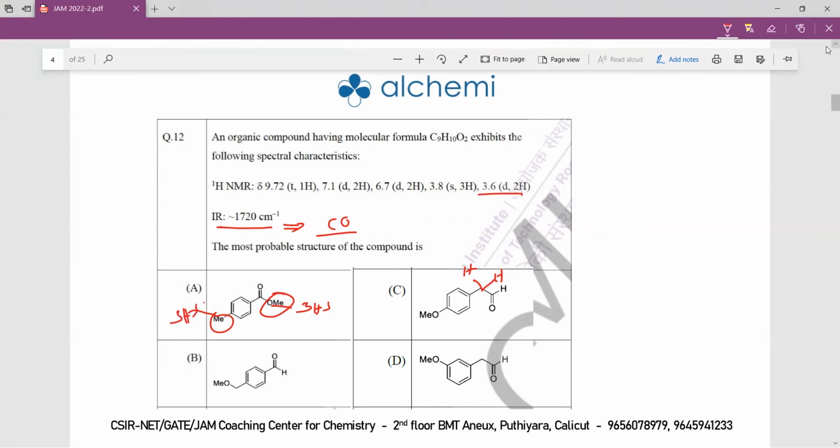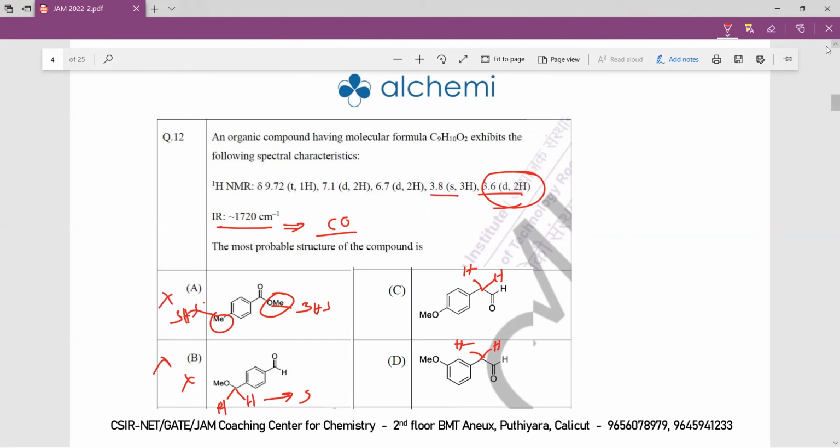So these options can't give you a 2 hydrogen doublet. Here we have 2 hydrogens, but they will give you a singlet. So for the 3.6 peak, you can eliminate option A and option B. In options C and D, you can see protons which can give a 2 hydrogen doublet.